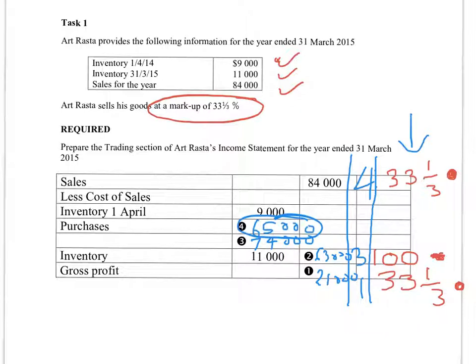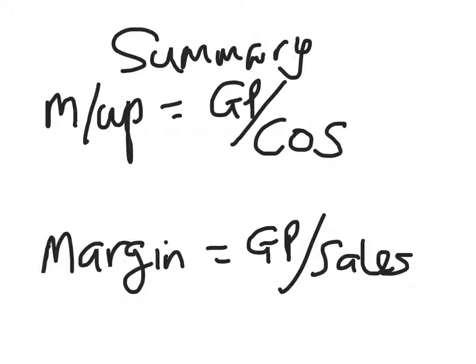So that now brings us to the end of this topic on incomplete records. So a quick summary of markup and margin then. Markup is the profit that is added on to cost of sales. So an easy formula to remember is gross profit over cost of sales is your markup, and margin is the percentage of gross profit over sales.